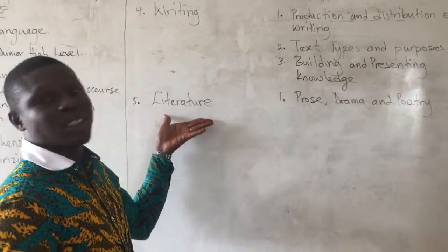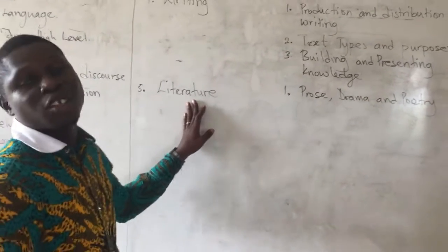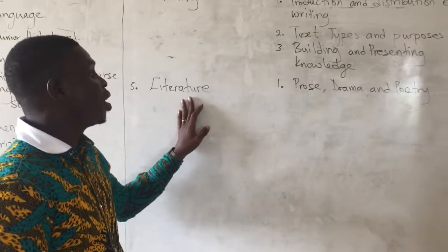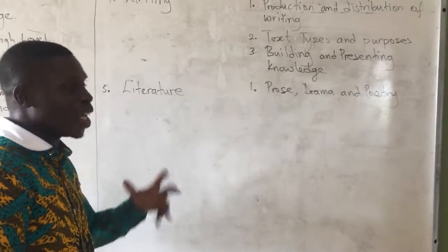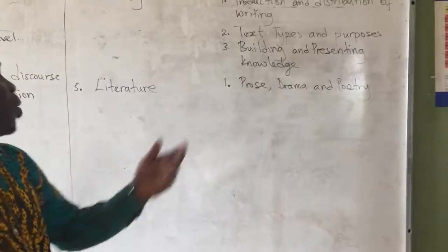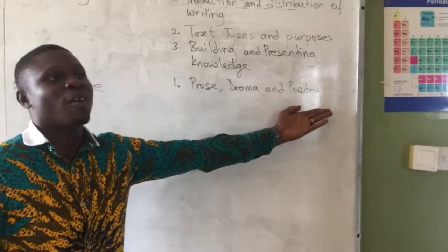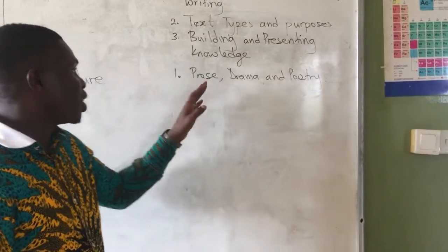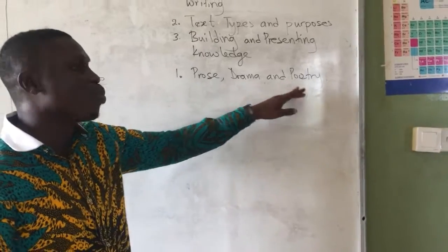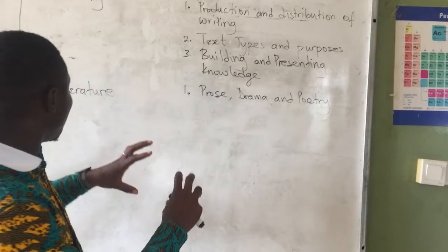Then the final part, and the new one which was not in Basic 6, is literature. So I think this one is new. I'll take my time and introduce it at the appropriate time. In our literature, I'll be looking at prose, drama, and poetry. I know you have heard of these because in your previous class, Basic 6, you discussed prose, drama, and poetry and the oral language. But this time, it has been termed literature.